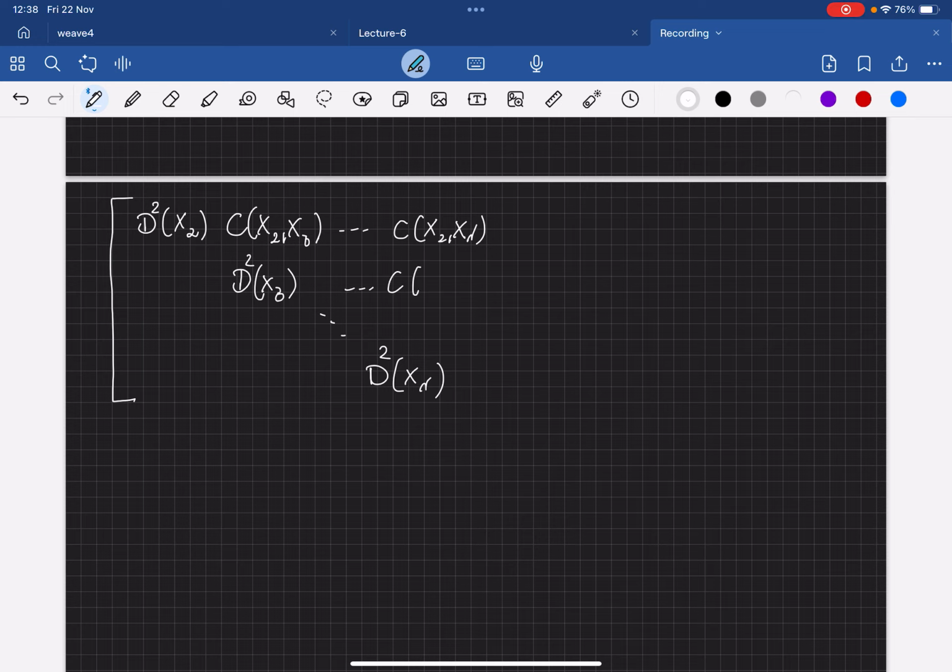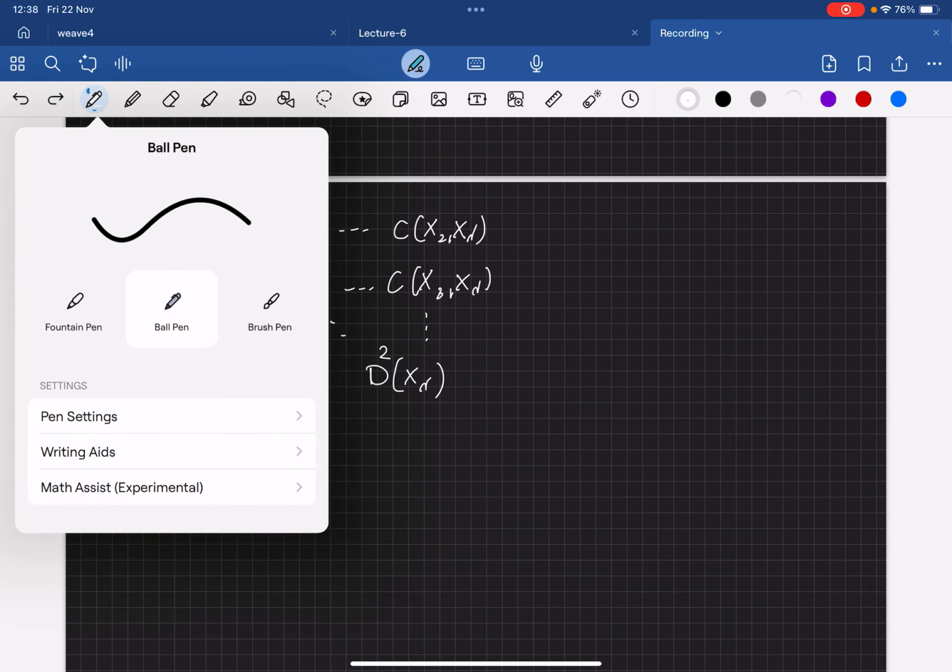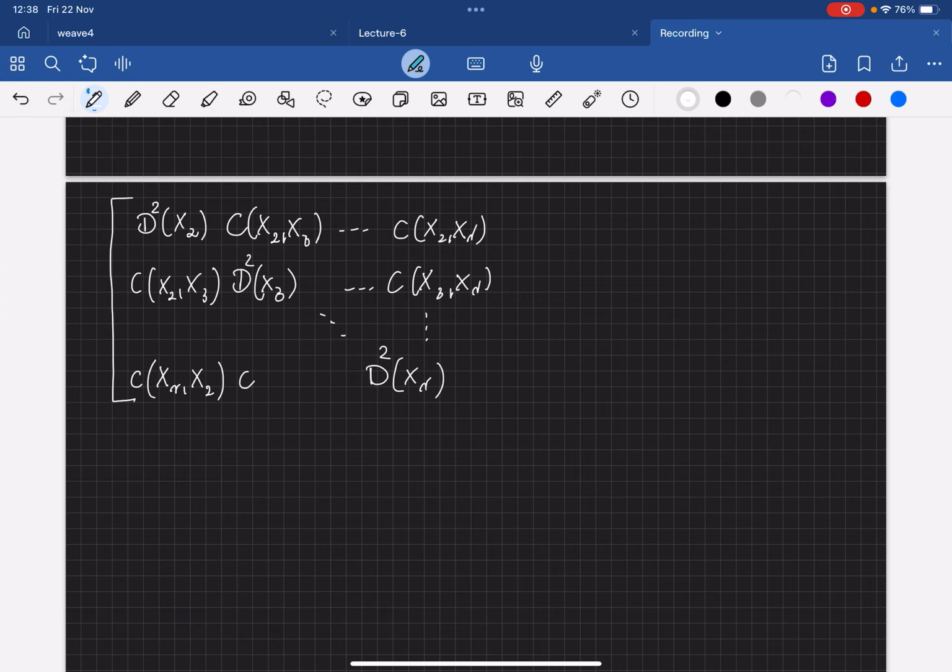Here I will have a covariance x3, xr. Here again, a covariance x2, x3, covariance x2, xr, and here also a covariance x3, xr. So this is the square matrix of covariances of independent variables.